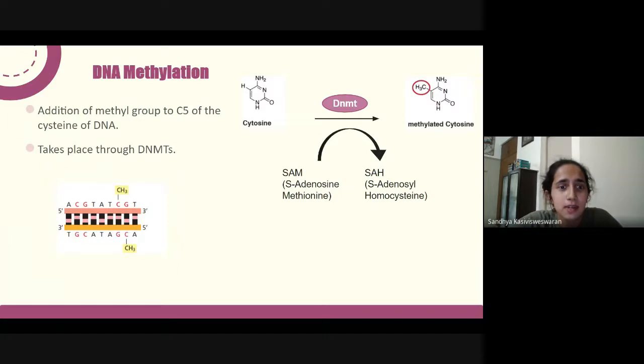Every time your DNA multiplies, that change has to be carried forward, right? And as we will see a little later in this presentation, this carry forward is not just from one cell of your body to the other cells that come from it, but from parent to child, across generations and across organisms, these epigenetic changes are carried forward.